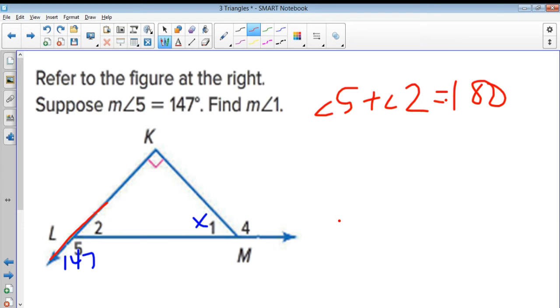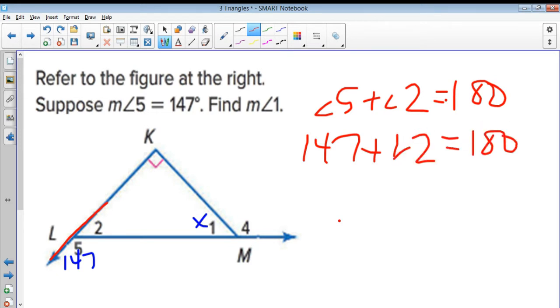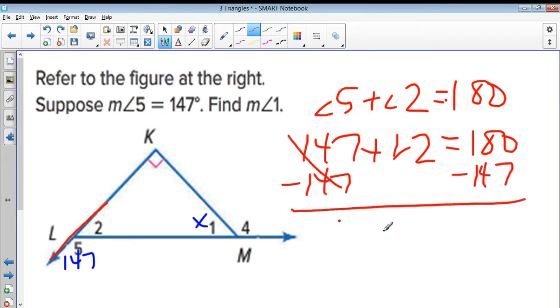We can substitute in angle 5 is 147, angle 2 is unknown. So we subtract 147 on both sides, and we get that angle 2 equals 33. 147 to 150 is 3, 150 to 180 is 30, so 33. So angle 2 is 33 degrees.